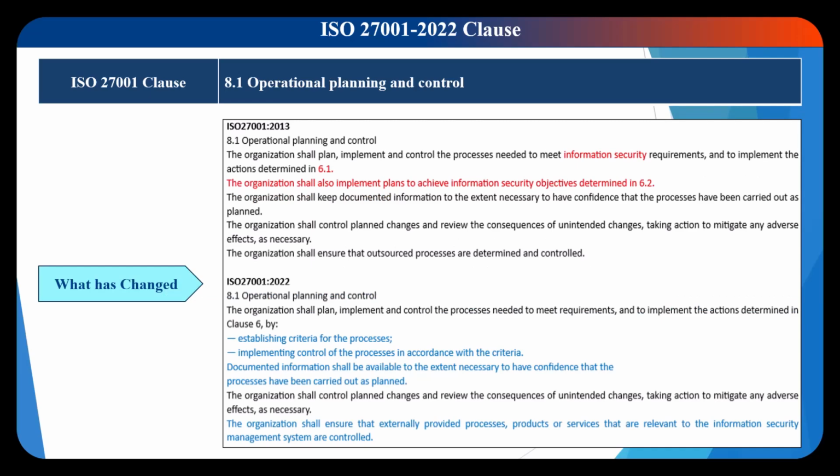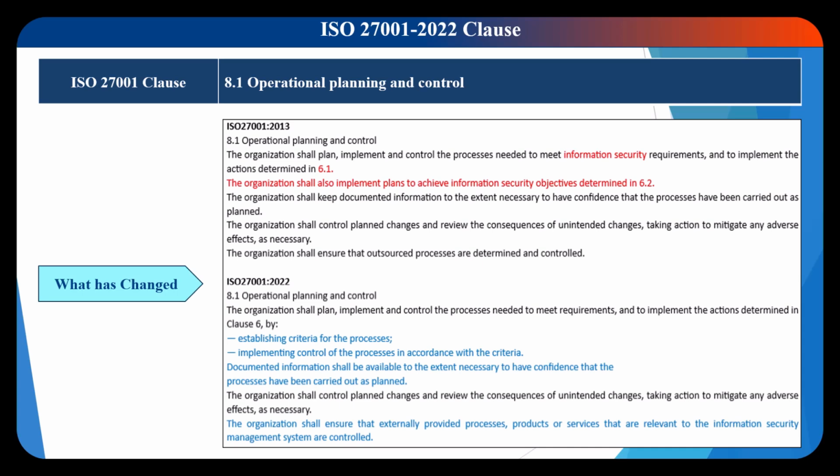Clause 8.1, operational planning and control, has quite a few changes that have been introduced in the 2022 version. Under this version, the organization shall plan, implement, and control the processes needed to meet requirements and to implement the actions determined in Clause 6 by, here are the changes, establishing criteria for the processes, implementing control of the processes in accordance with the criteria.